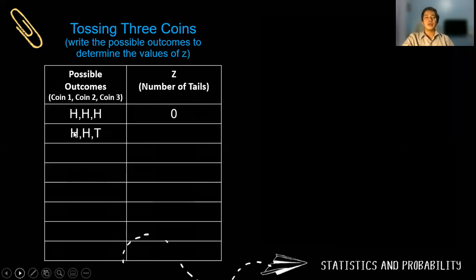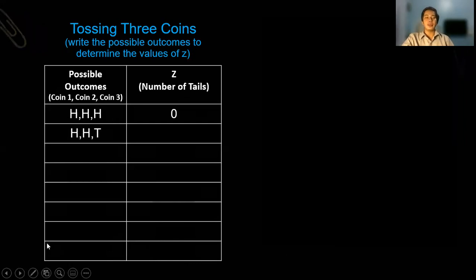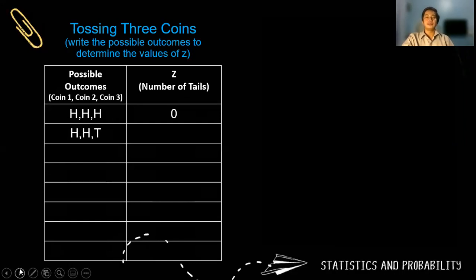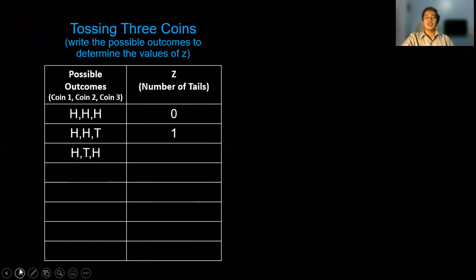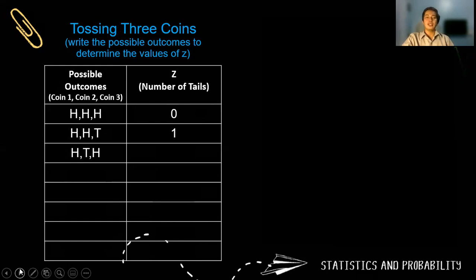Next, we have head, head, tail. How many tails appeared on this possible outcome? Very good, there is 1. Another possibility for the random variable 1 is head, tail, head. Again, the number of tails is 1.